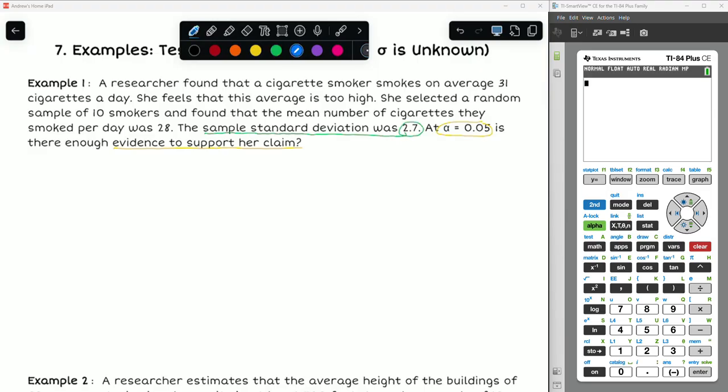I see the sample mean was 28 cigarettes per day. And back at the beginning, I can see that the average was 31 cigarettes per day.